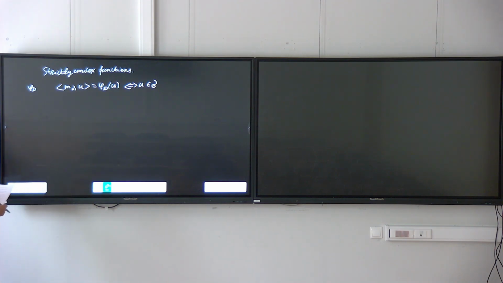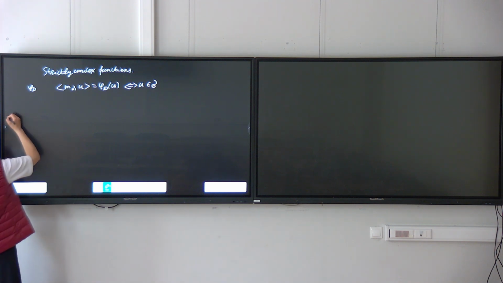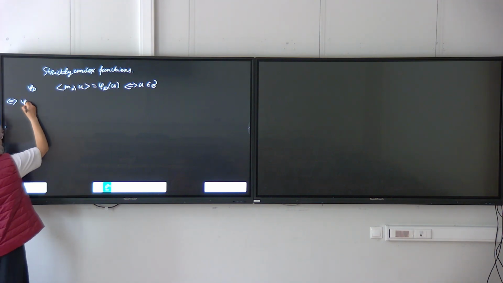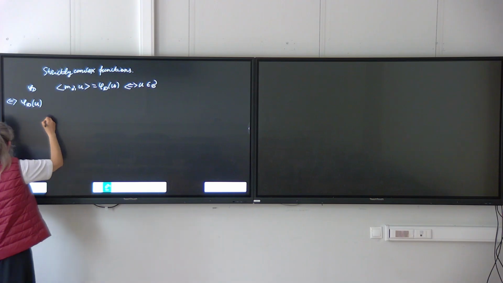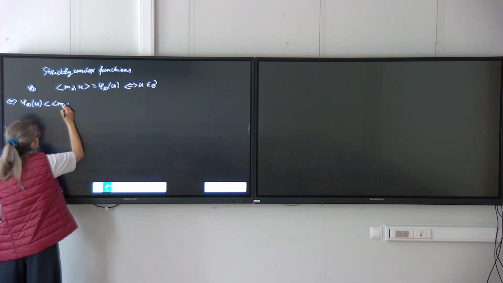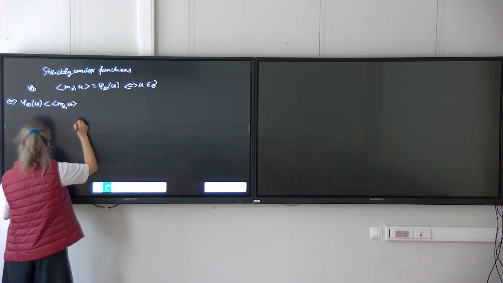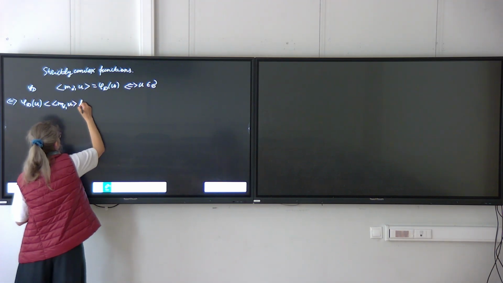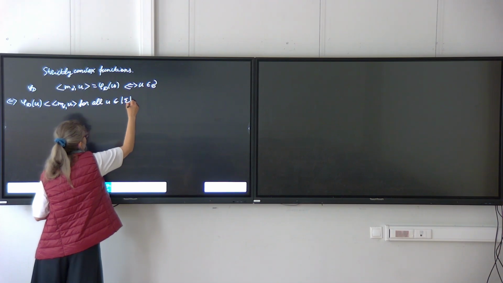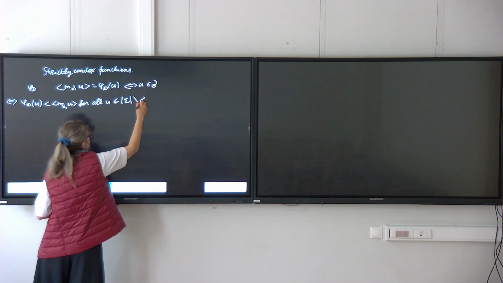There are many equivalent formulations of this. It is equivalent to, for example, phi_D(u) is less than m_sigma(u) for all u not in sigma.